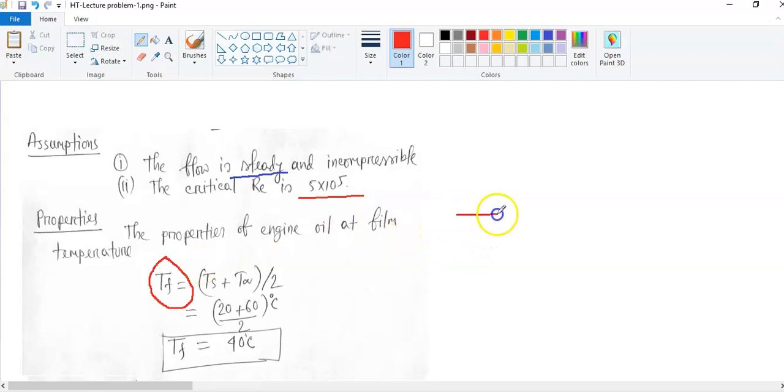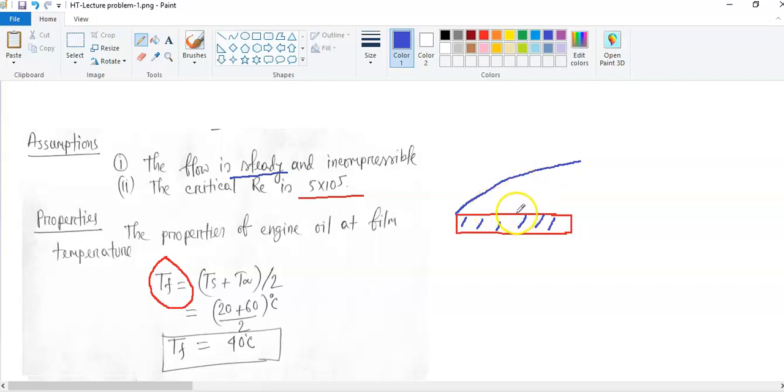Suppose you have a flat plate like this. So far you already know the boundary layer concept. This flat plate is not moving, so the velocity on the surface is 0. How the boundary layer is created, we discussed last week and you already know.